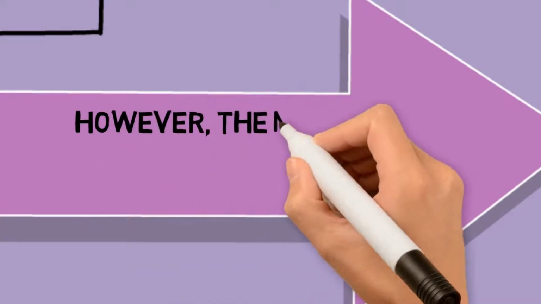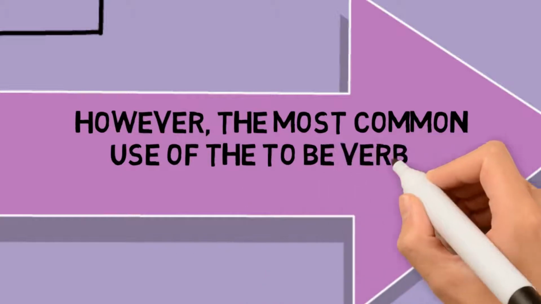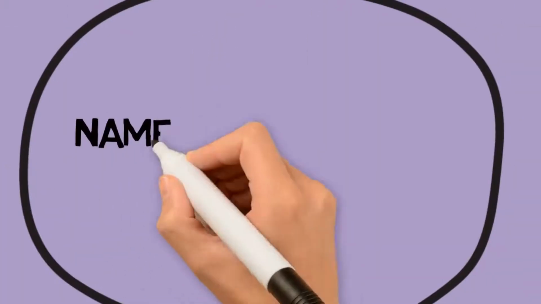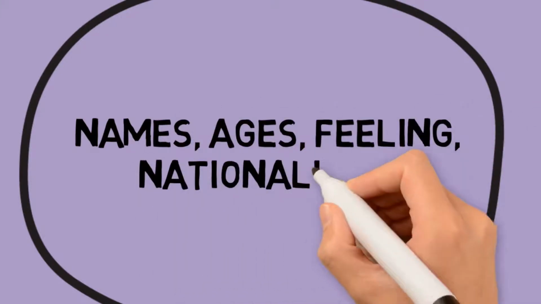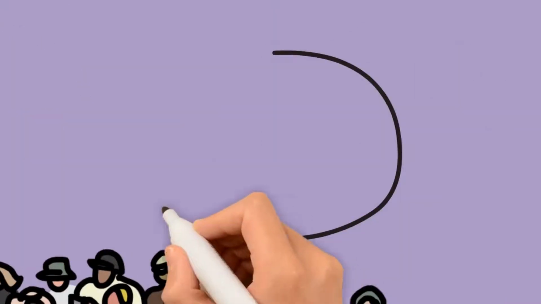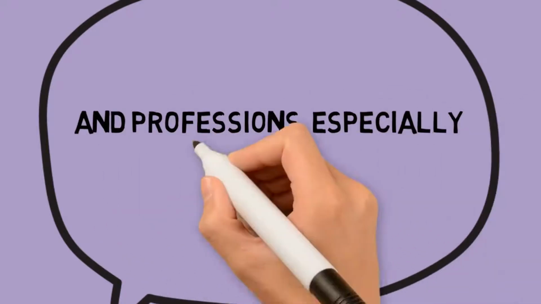However, the most common use of the to be verb is to talk about names, about age, about feeling, about nationalities. Also about profession, especially when talking in the present tense.